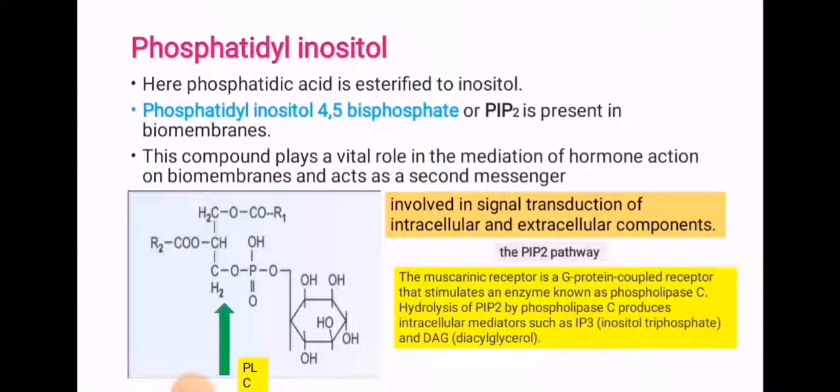In the PIP2 pathway, the muscarinic receptor, a GPCR, that is a G protein coupled receptor, stimulates an enzyme known as phospholipase C. In the diagram you can see phospholipase C action at site 3, which produces intracellular mediators such as IP3, inositol triphosphate, and DAG, diacylglycerol. These act as second messengers.